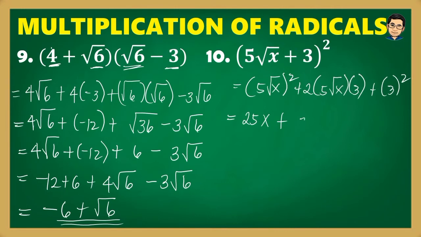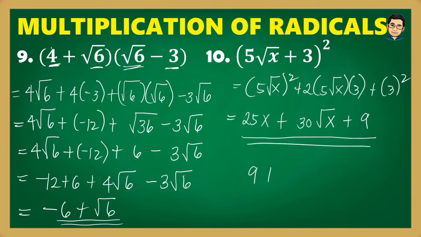So, 30 square root of x plus the square of 3 is 9. So, our answer will be 25x plus 30 square root of x plus 9. So, pwede siyang isulat as 9 plus 25x plus 30 square root of x.